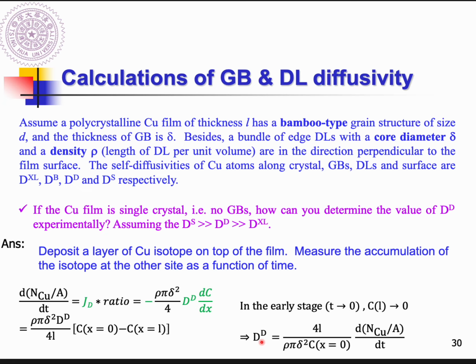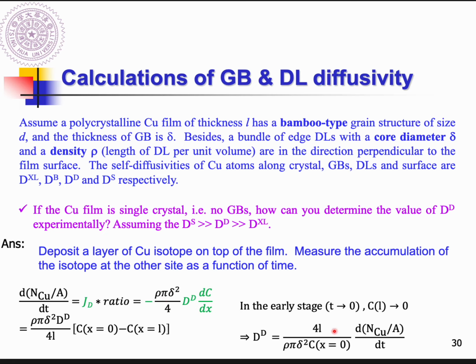Okay, any questions here? And one thing I want to emphasize: because this is a dislocation, you also need to put in the area fraction or area ratio for dislocation. This term is the one we just showed you, the area fraction for dislocation.